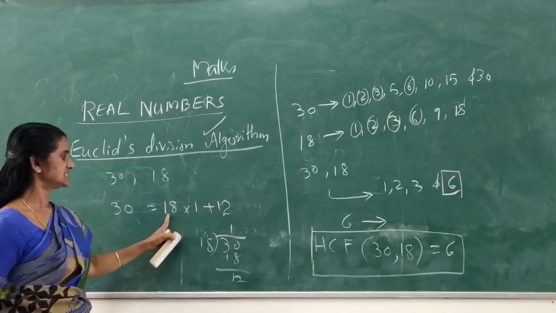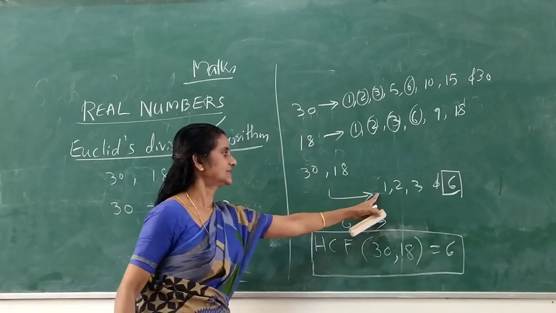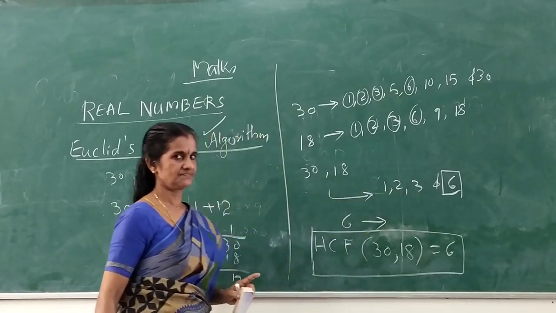The common factors of 18 and 12 are also 1, 2, 3 and 6.